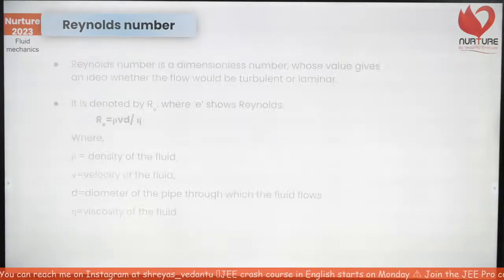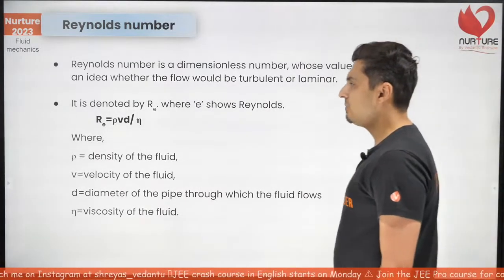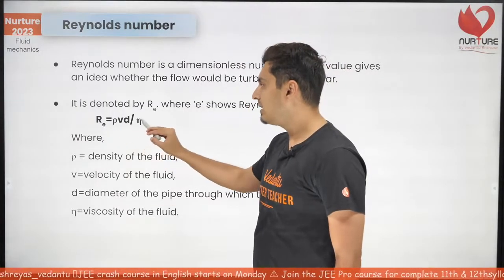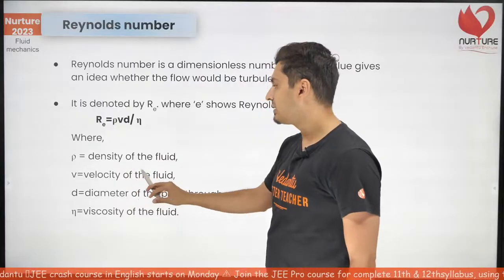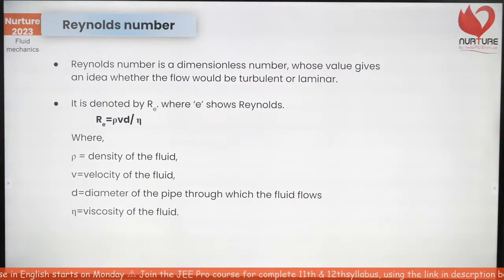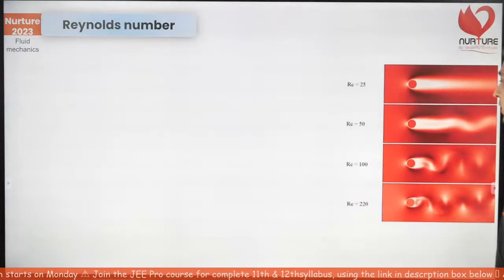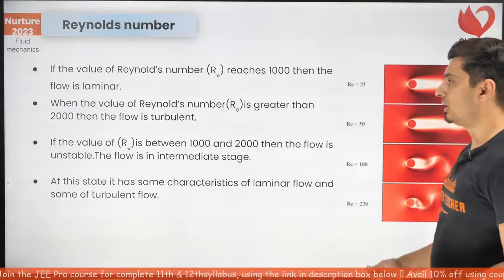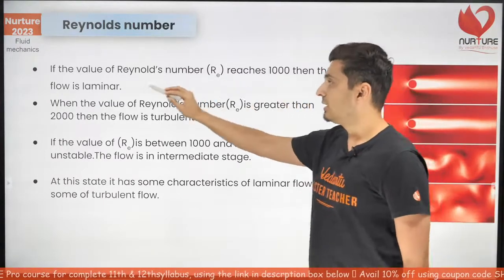Okay, so I'm just going to give you the theory for that. Again, Reynolds number is a magical number found by experiments. It is rho v d by eta. Rho is density, v is velocity, d is diameter of the pipe, eta is viscosity. And the Reynolds number gives you an idea whether it is turbulent or non-turbulent. If it is less than 1000, it is laminar.